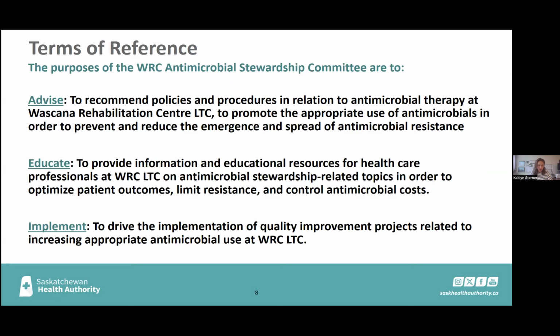So our purpose in this committee was to advise, to recommend policies and procedures in relation to antimicrobial therapy at Wascana Rehab Center long-term care, to promote the appropriate use of antimicrobials in order to prevent and reduce the emergence and spread of antimicrobial resistance, to educate, to provide information and educational resources for healthcare professionals at WRC long-term care on antimicrobial stewardship-related topics in order to optimize patient outcomes, limit resistance, and control antimicrobial costs, and to implement, to drive the implementation of quality improvement projects related to increasing appropriate antimicrobial use at WRC long-term care.